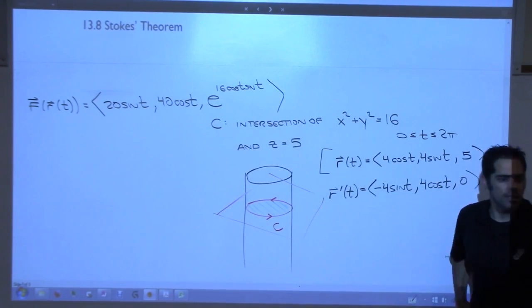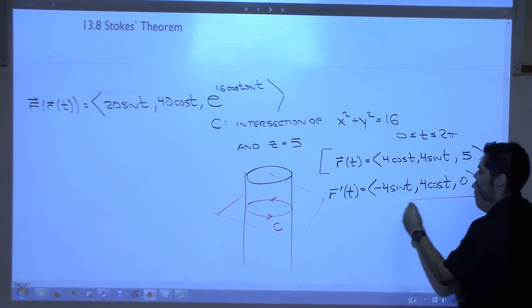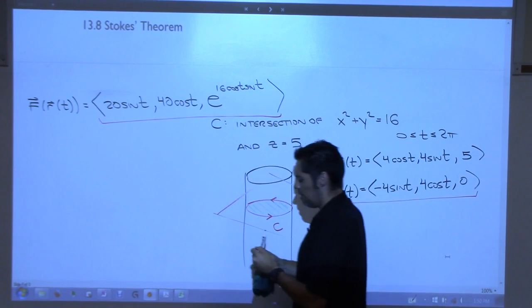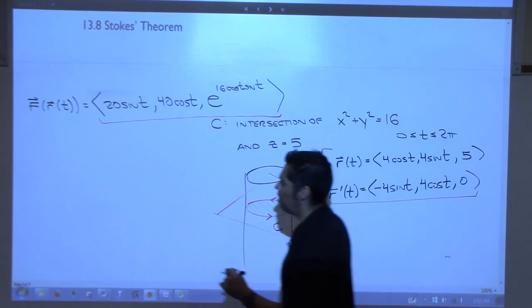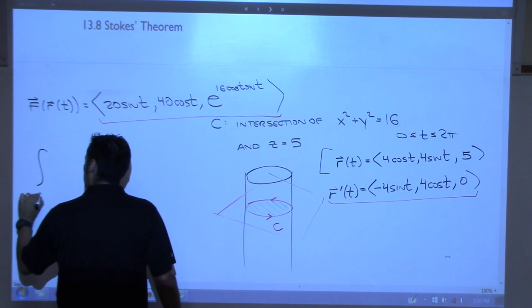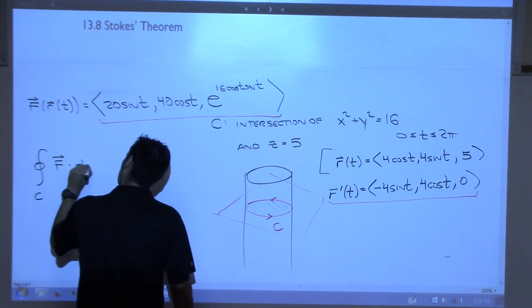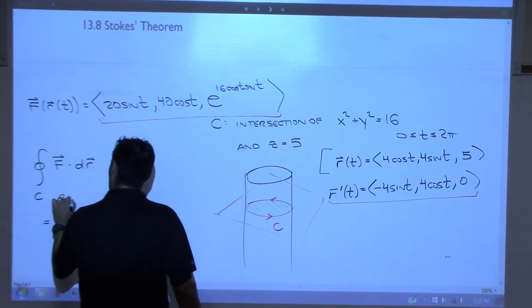That's F of r of t. And I'm supposed to take that and dot it with that, right? I need to dot those two together and then do my integral, and I should be there, right? Okay, so I'm ready to write this. The line integral over C of F dot dr is equal to the integral from 0 to 2 pi.